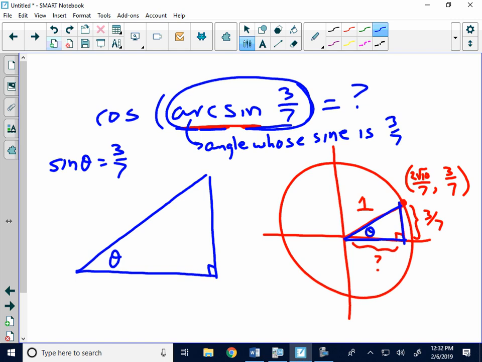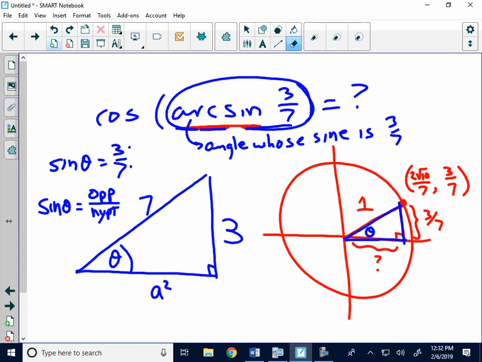Okay, I have a right triangle. There's my angle. And let's think about how sines were defined in geometry. The sine of an angle was the opposite side divided by the hypotenuse, right? So the opposite side is 3, and the hypotenuse is 7. It says 3 over 7. This side I can get using Pythagoras. Let's just call it A for a minute.